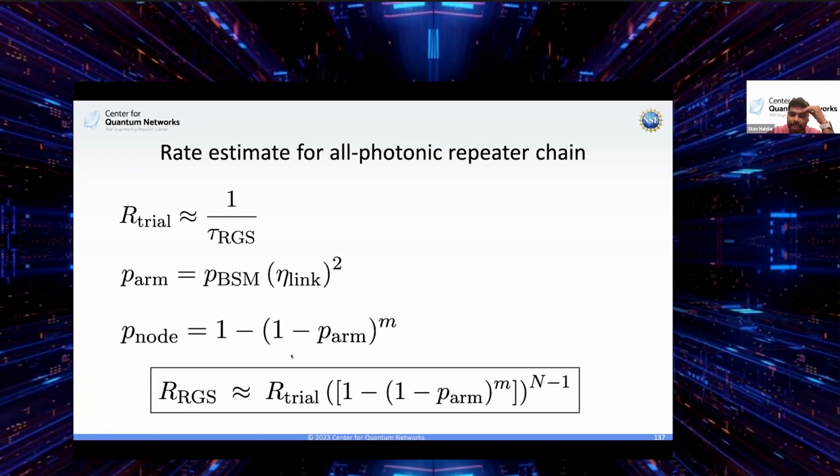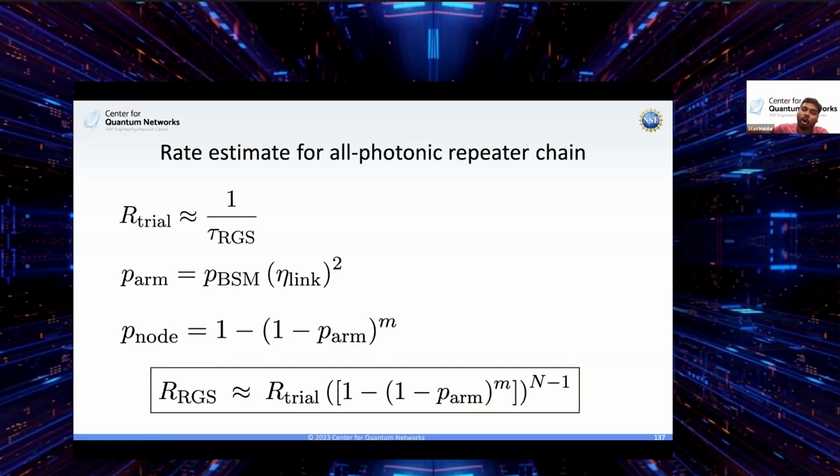So then the probability that at least one of them succeeds is exactly like the multiplexing case, and you get this. So if the success probability of one arm is this, then at least one arm succeeding, if you have m arms, the probability is this. But now you want one arm to succeed in each segment.